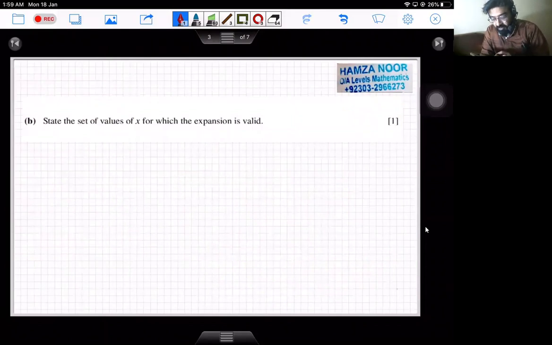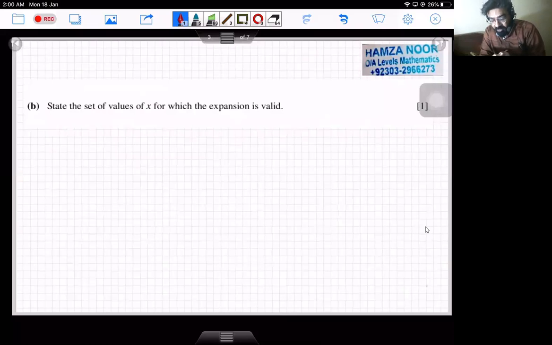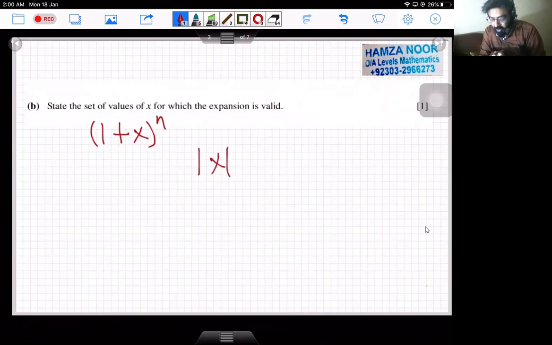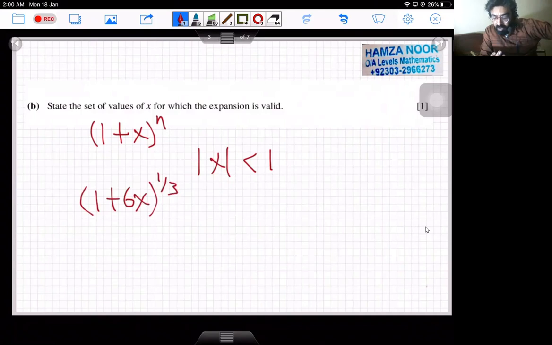So the first thing is, when the first term in the expansion is 1, whatever the second term is, the modulus function is applied onto that second term, and that is kept less than 1. In this case, we have (1 + 6x) raised to the power 1 over 3, and the first term is already 1.